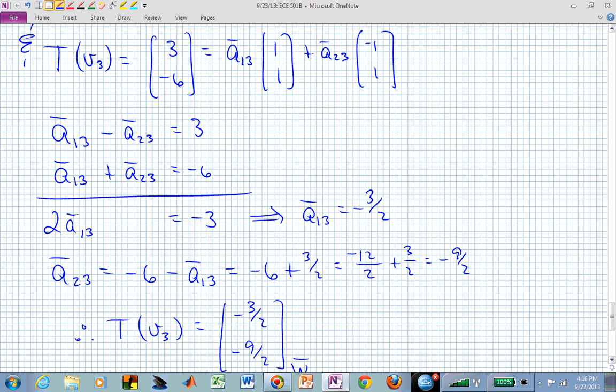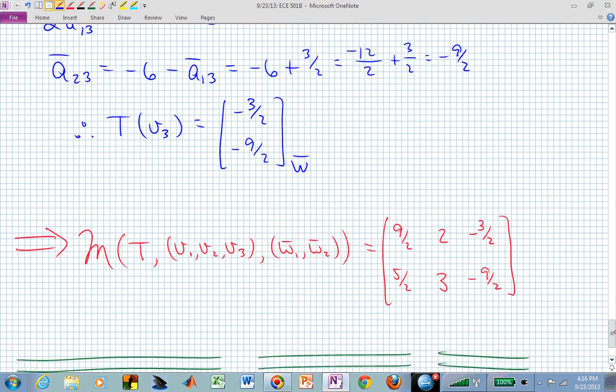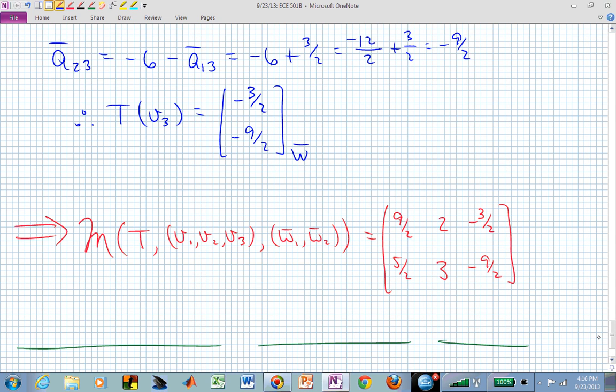But then the third vector, v sub 3, maps into -3/2 and -9/2, and hopefully when we put that together, we end up with a completely different looking matrix in terms of the numbers in that matrix that describe exactly the same linear map.